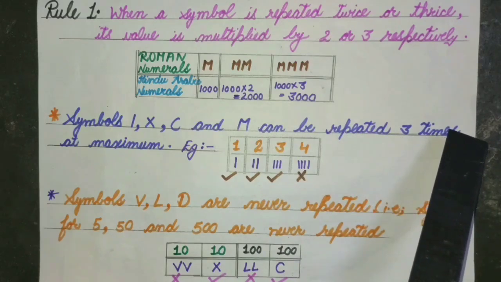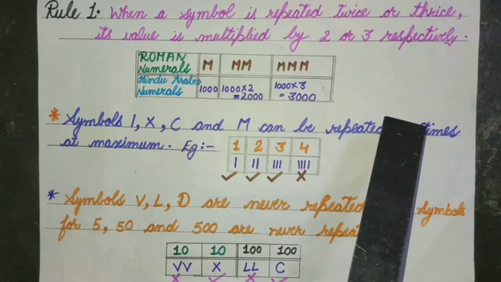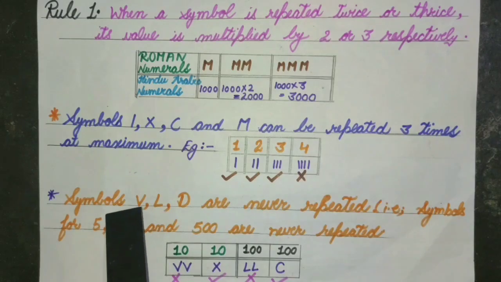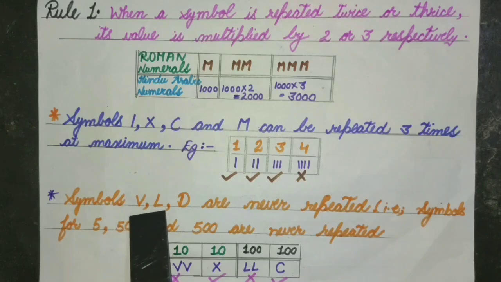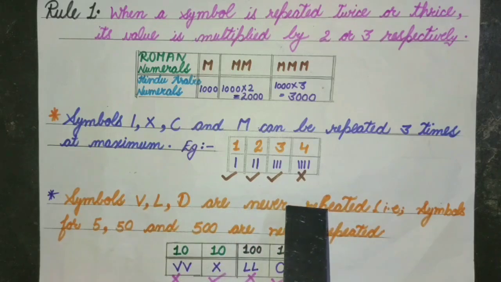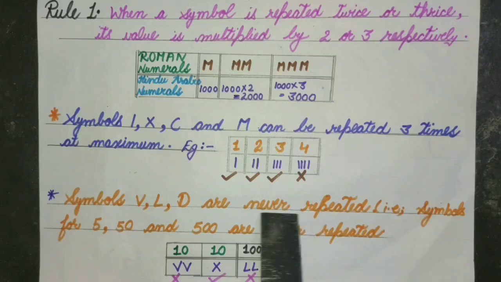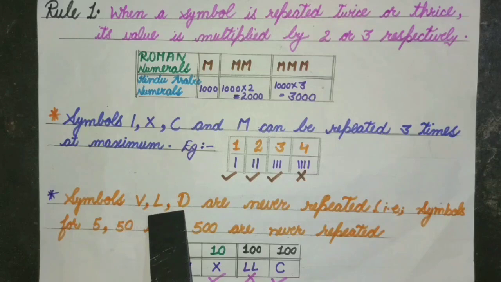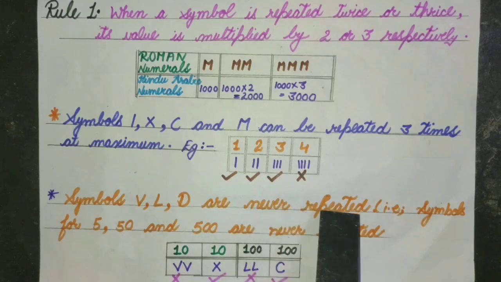It's clear everyone? The next point you have to remember in the first rule is that symbols like V, L and D are never repeated.